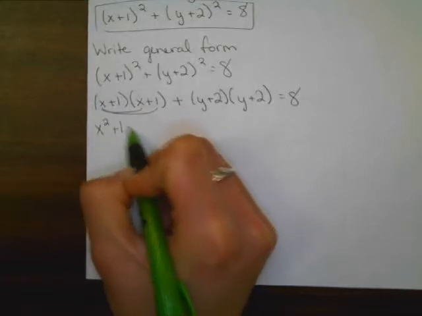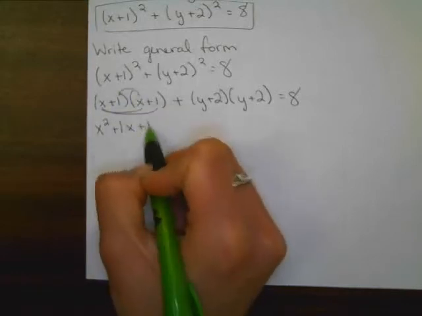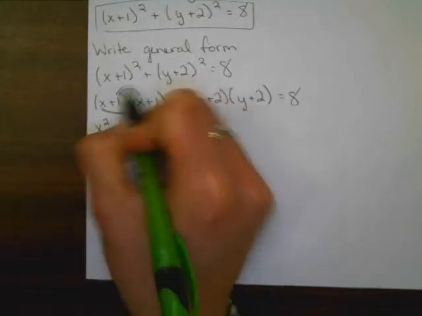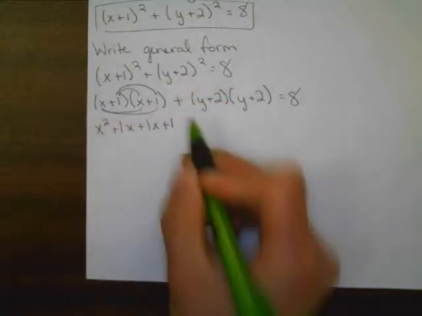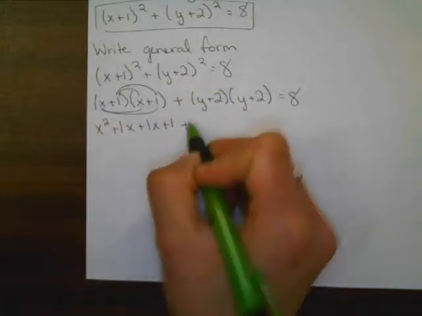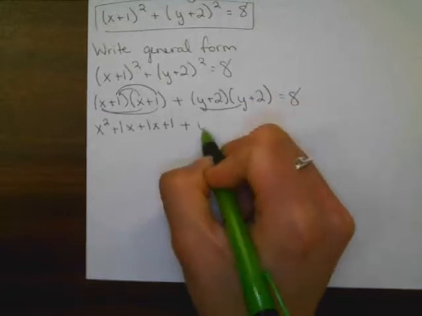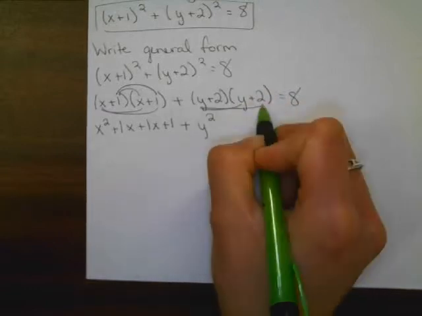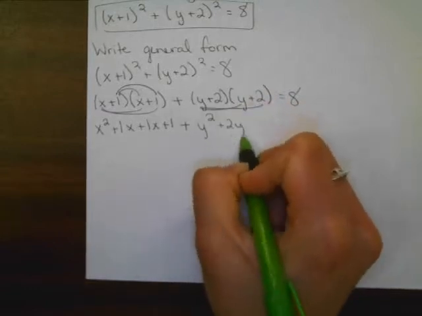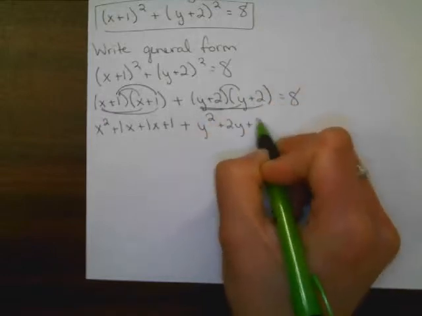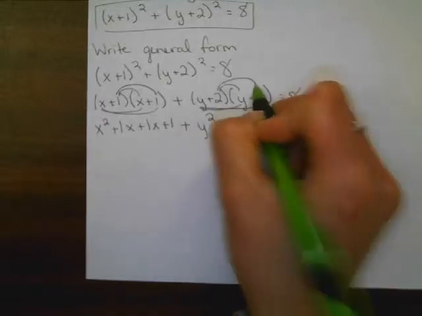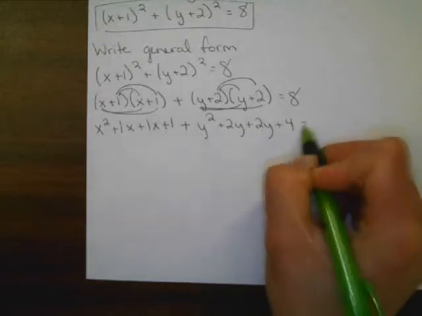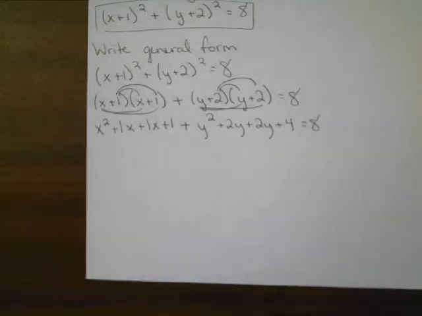X times 1 is 1x, plus another 1x, plus 1 for 1 times 1. And all of that we're going to add to y times y, which is y squared. Y times 2 is 2y, plus another 2y. And 2 times 2 is 4. And all that equals 8.